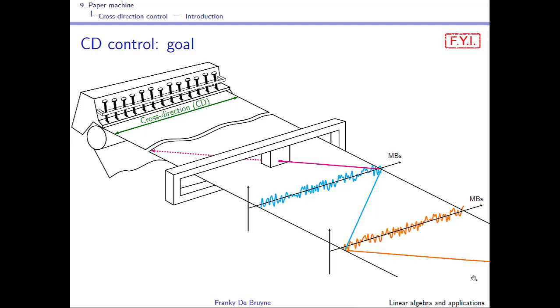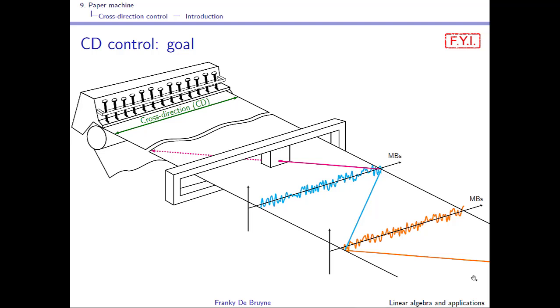This is normal because of the structure of the paper and because the distance between the actuators does not allow you to do an infinitely fine CD control. You can see that the CD controller has adapted the lip openings locally so that you have a uniform spread of grammage across the paper web.